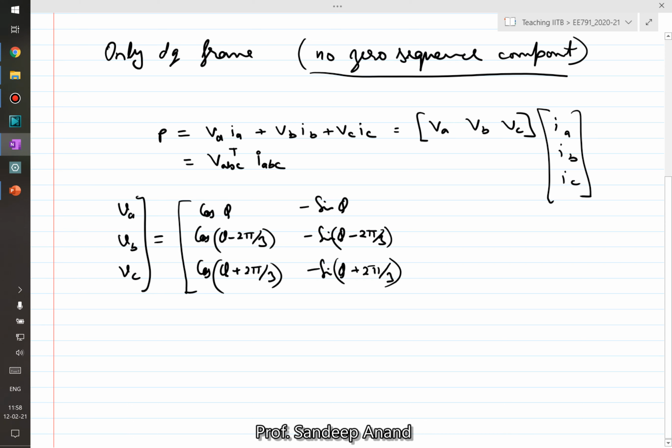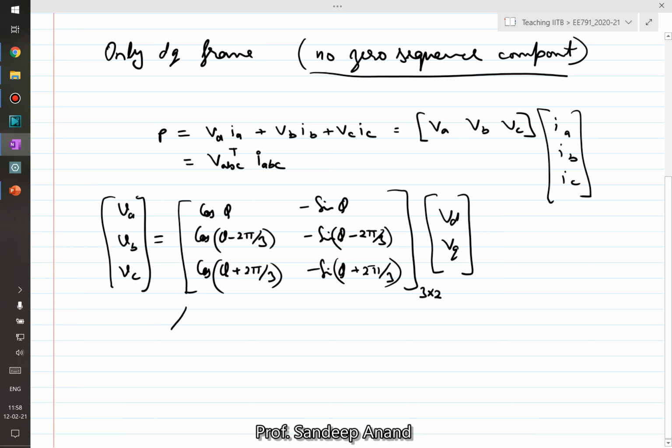Since we are assuming there is no zero sequence component, in the DQ we only have VD and VQ, right? There is no zero, and therefore this matrix is only a 3 by 2 matrix instead of 3 by 3 in case you have a zero sequence component.